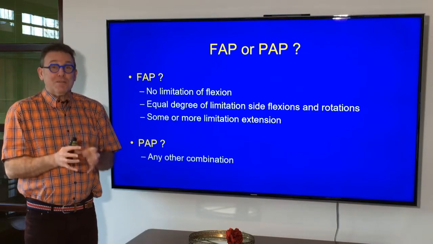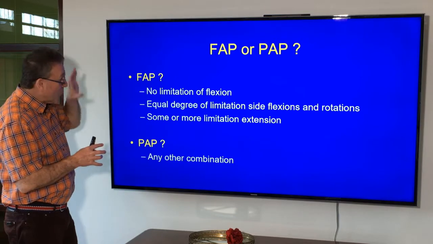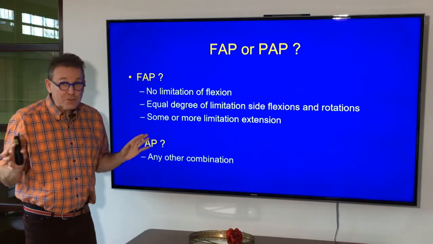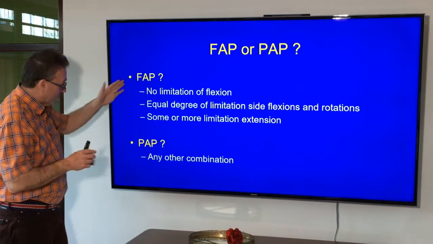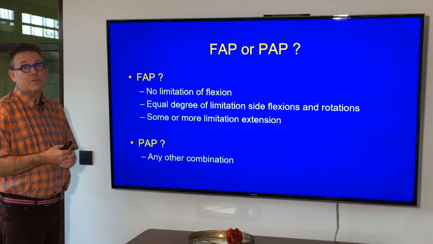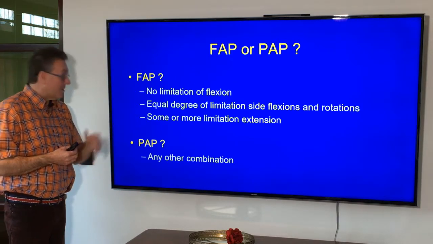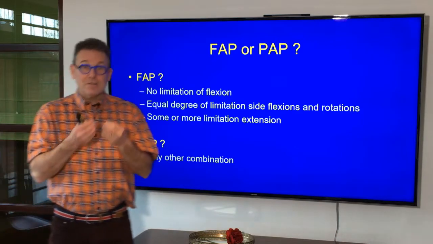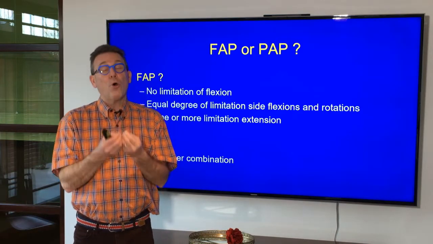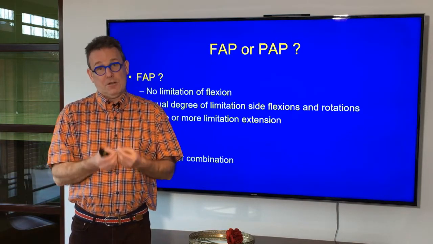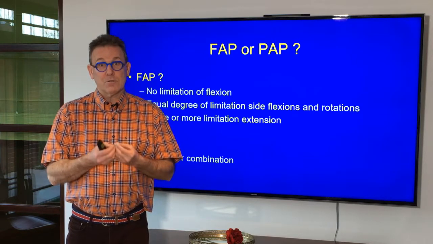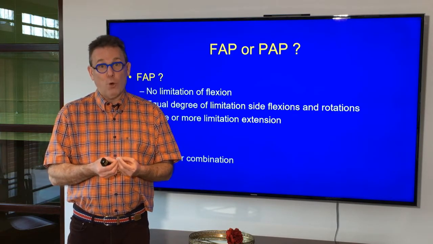Any other combination that does not correspond with this, so any other possible combination, we call it automatically the partial articular pattern. And keep in mind that an internal derangement always presents itself as a partial articular pattern. Always.